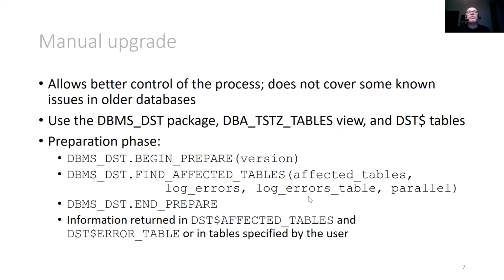There is also the older, pre-18c manual upgrade, where you need to do more when you upgrade. However, it gives you better control of the process. The process does not automatically cover certain issues in older databases.